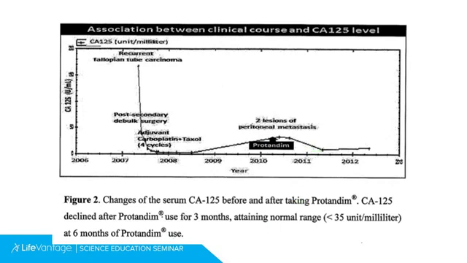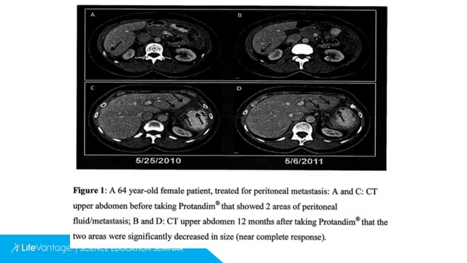They also showed CT scans, and these don't project very well, but basically what they found, if you look at 2010 through 2011, there had been some metastases here along the liver, and also in this area here, and that had shrunk when it had gone away completely, and this one has shrunk after 1 year of taking Protandim.